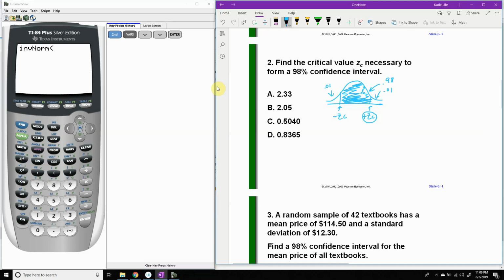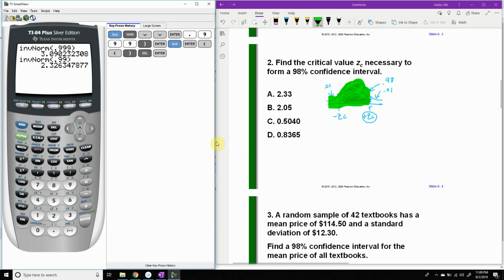So in total, leading up to the positive Z sub C score, I really have 0.99. Right, the 98% in the middle plus the 1% on the leftmost tail. So I want to do inverse norm of 0.99. So 2.33. It looks like A will be our answer for number 2.